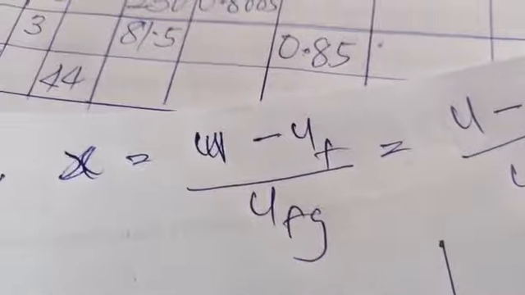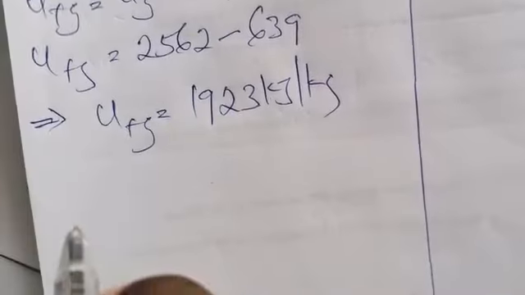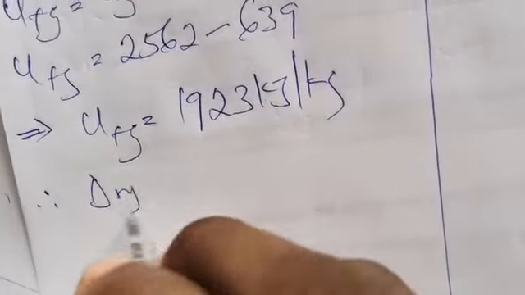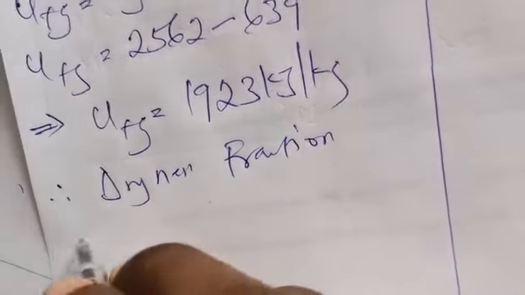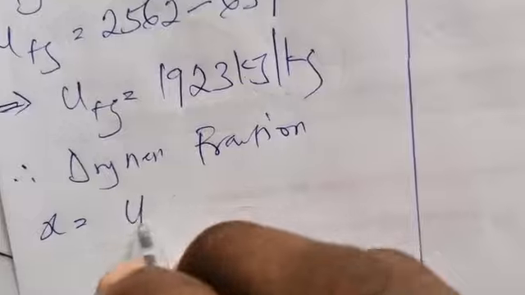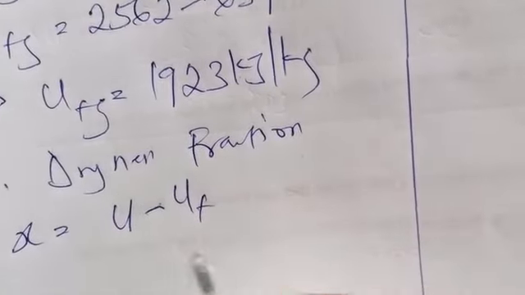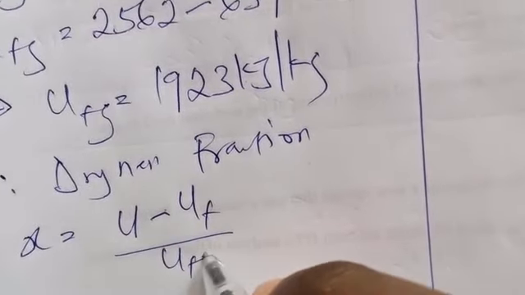So we can now employ the relationship to find the dryness fraction. X is equal to specific internal energy minus internal energy of the fluid, all over UFG.